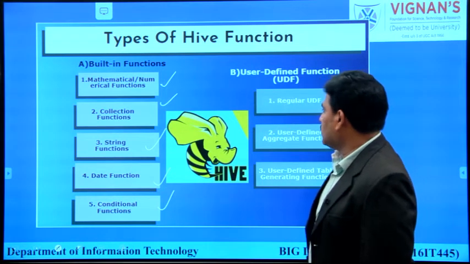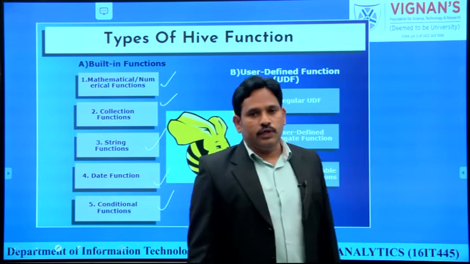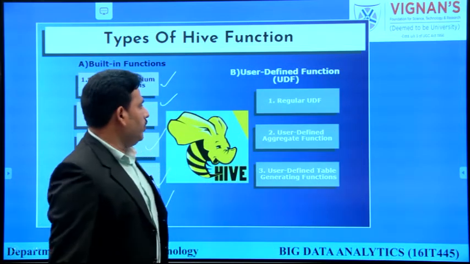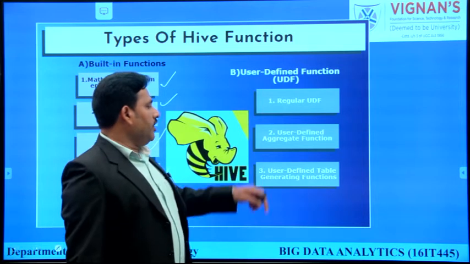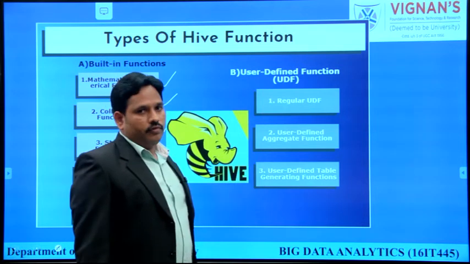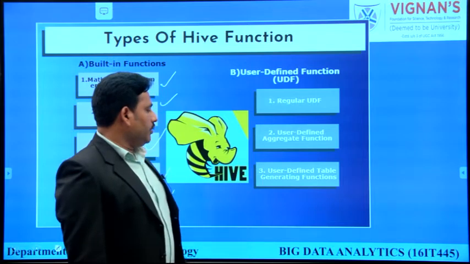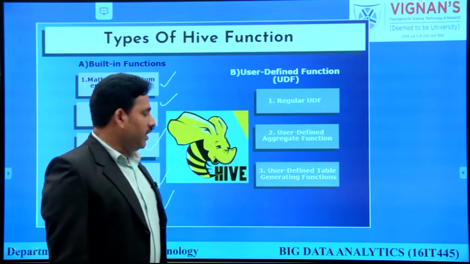And there are some functions that Hive will offer, they are user defined functions. So here we have three different types of UDFs. One is regular UDF, UDAF, user defined aggregate functions, and UDTF, user defined table generating functions.